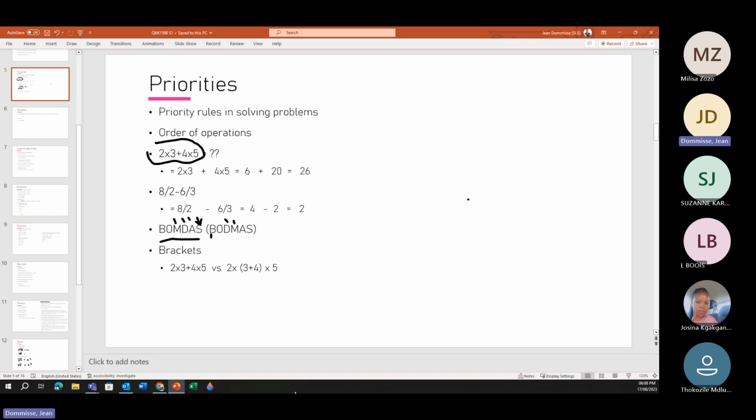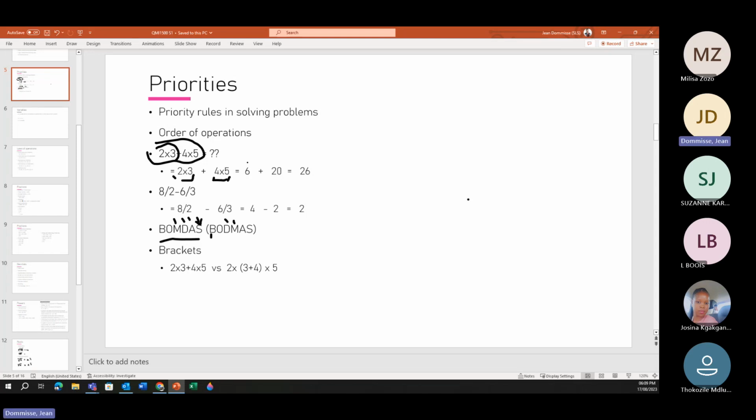So if we have something like this one here at the top, where it was 2 times 3 plus 4 times 5, the first thing that you will do, okay, there are no brackets, so we don't need to look at brackets. But then, multiplication. So 2 times 3 will be done first, and then the 4 times 5.